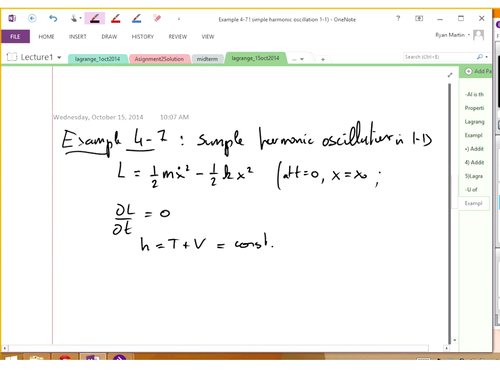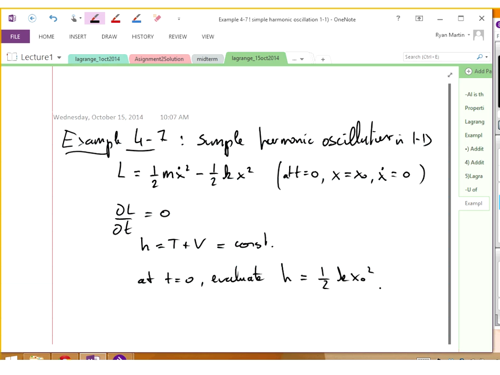So let's say also that at t equals 0, the simple harmonic oscillator was at rest. We impose that as initial conditions on the system, right? So we can calculate h at t equals 0, to be a half k x naught squared.